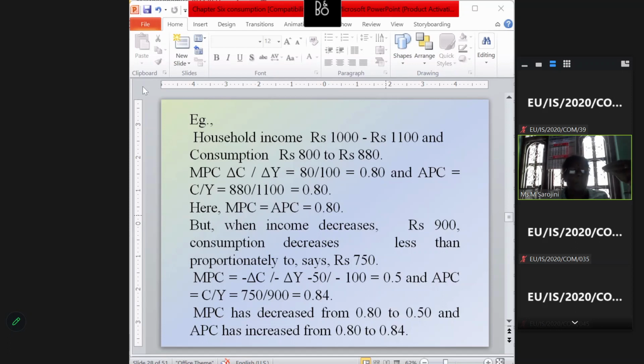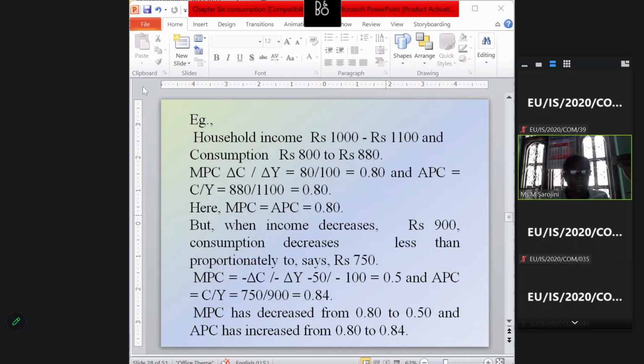At that time, the MPC is equal to 50 divided by 100, which is 0.5. And APC is equal to 750 divided by 900, that is equal to 0.84.